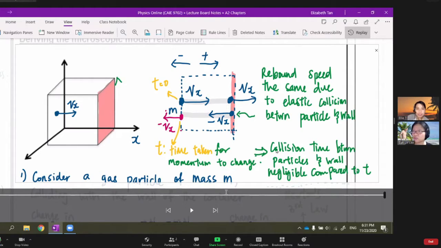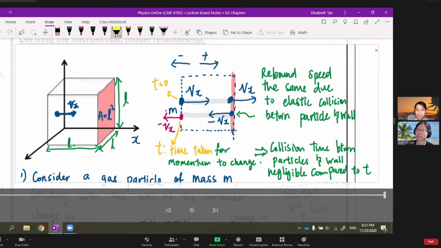You can see the collision time is negligible. Basically, the time the particle is touching the wall is very, very short compared to the time for the particle to go there and come back. I understand this is totally different from how you used to do a normal tennis ball hitting a wall, where you measure the time the tennis ball deforms and then rebounds. Remember in your AS?